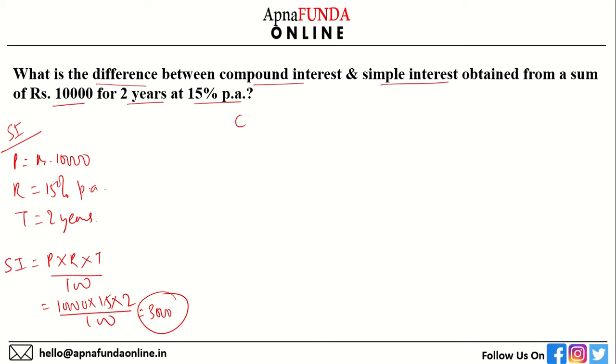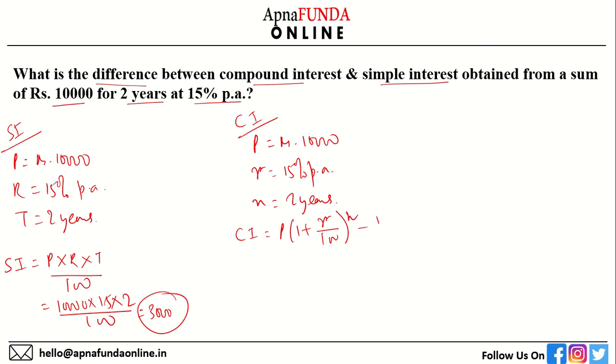Let's come to the compound interest. Compound interest principal is rupees 10,000. Rate of interest is 15% per annum and nothing is given, so it is compounded annually. And the number of years is 2 years. Correct. So compound interest is equal to principal into 1 plus r by 100 to the power n minus p.